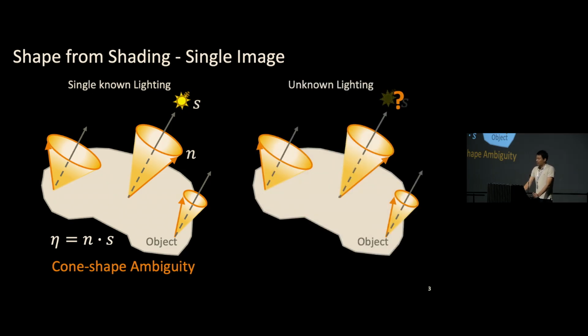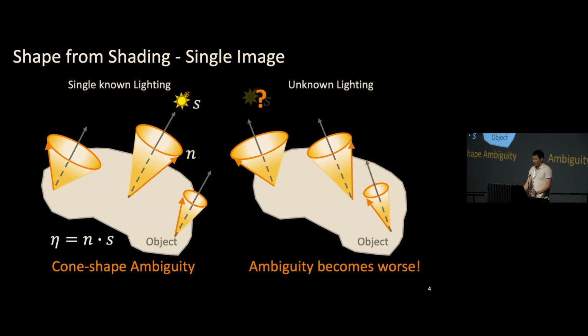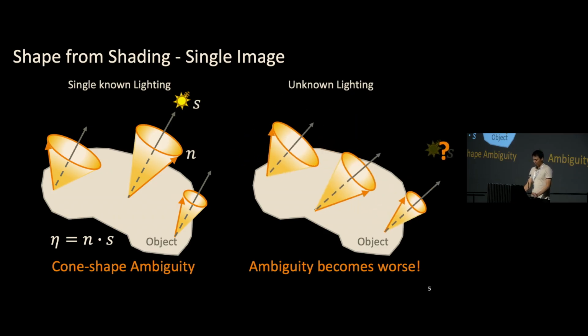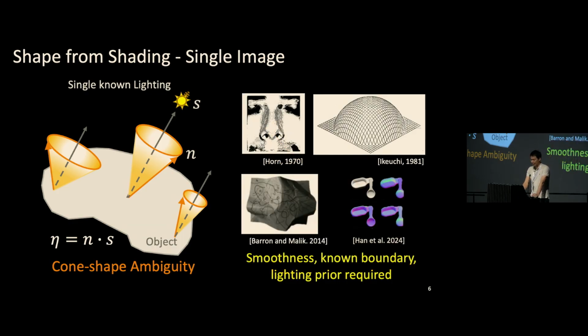When the lighting direction is unknown, the ambiguity becomes worse. So shape from shading typically requires smoothness, known boundaries, or a strong prior to deal with ambiguities. Recently, deep learning approaches have been proposed, however, they do not guarantee to resolve the ambiguity.